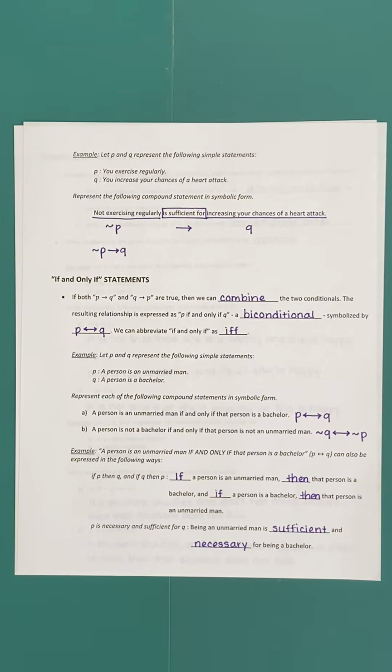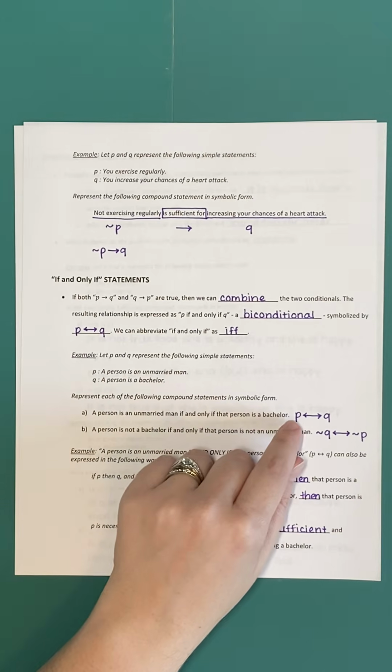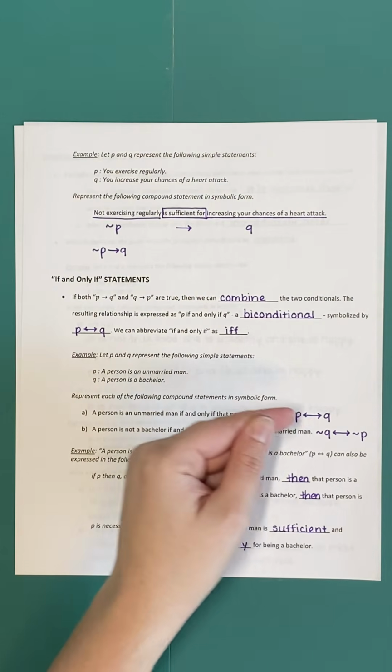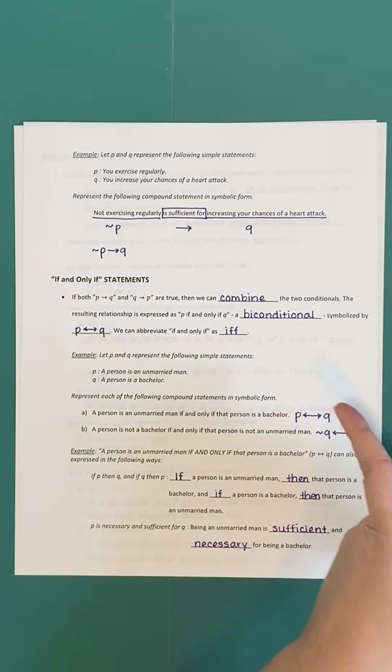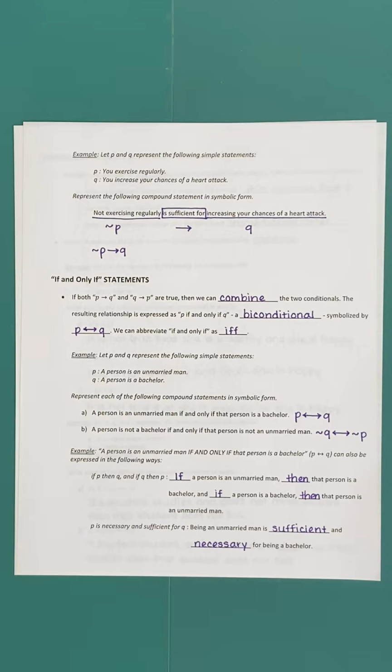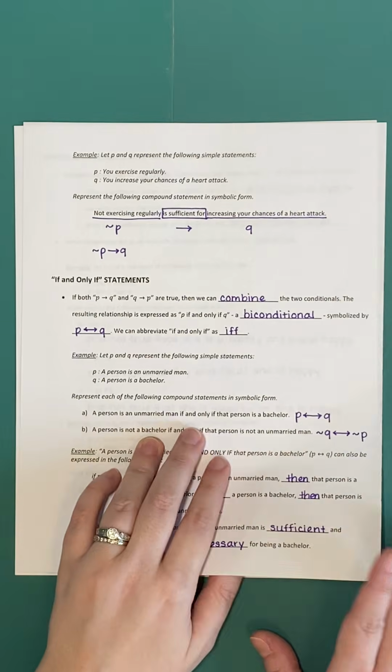So that means one particular statement comes both before and after the arrow. Well, the only way it can come before and after is if the arrow points in both directions. So here P comes before the arrow that goes left to right, and here it also comes after the arrow that points from right to left. So it's both necessary and sufficient. You can orient those words in either way too. We can say sufficient and necessary, or we could also say necessary and sufficient.